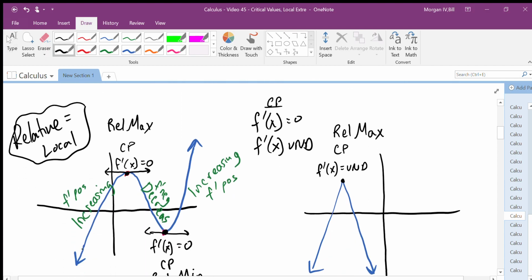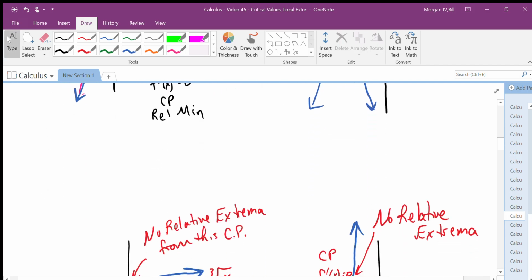The curve sometimes goes from increasing to decreasing, and if that happens, we end up with a relative max. If we go from decreasing to increasing, we end up with a relative min. But sometimes that doesn't happen.